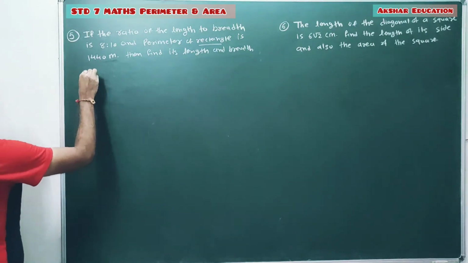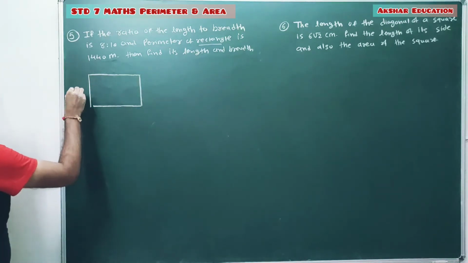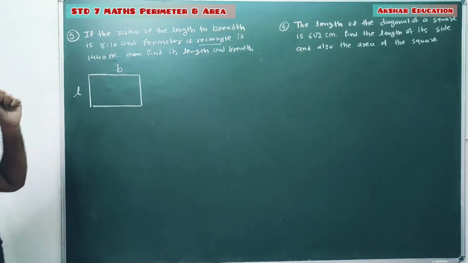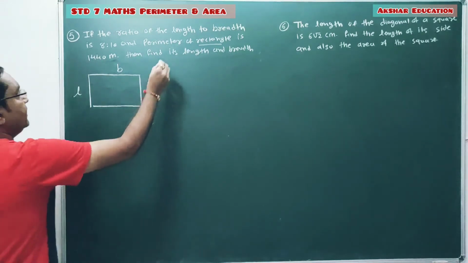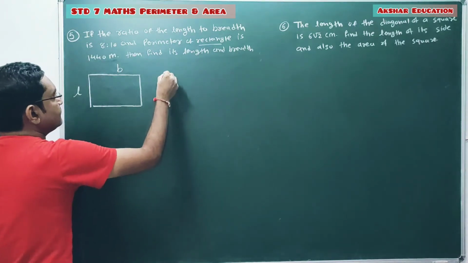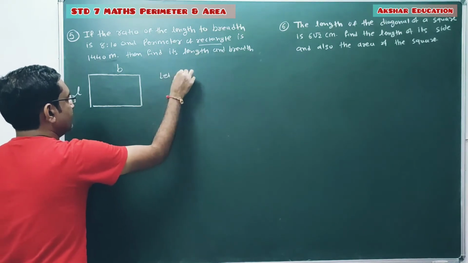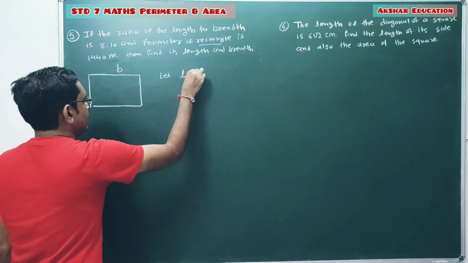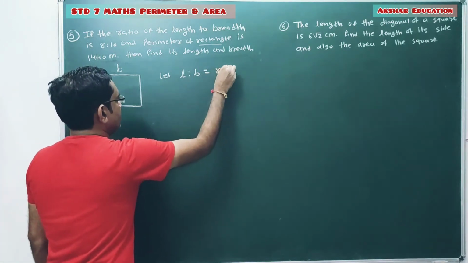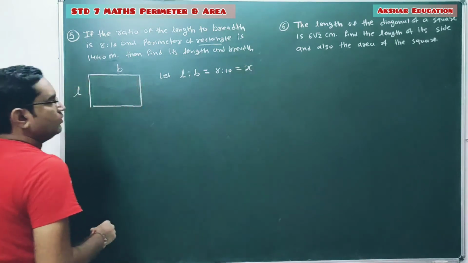So this is the rectangle. For this rectangle, length is L and breadth is B. The ratio of length and breadth is 8:10. So how can it be written? Let L ratio B be equal to 8:10, and take that one equal to x.